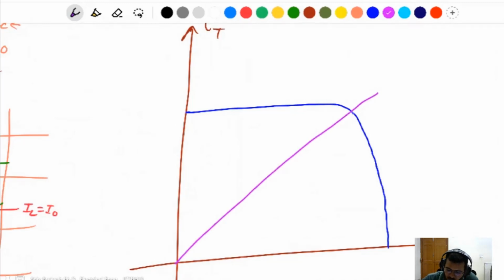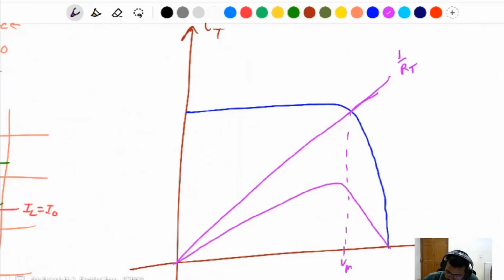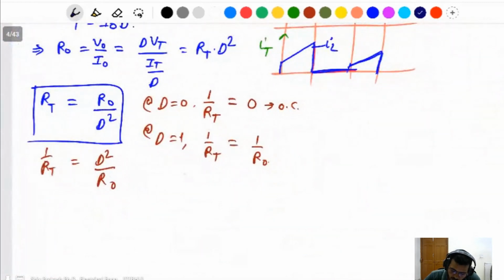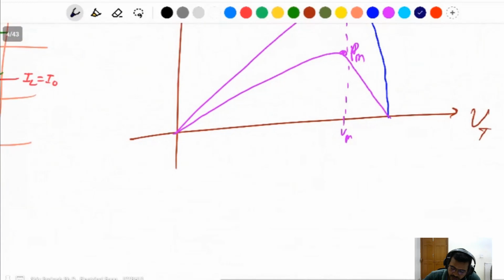Here is the maximum power point line, 1 by RT, Vm, this one is the maximum power. This is a load line. If D is equal to 0, then this will be open circuit.